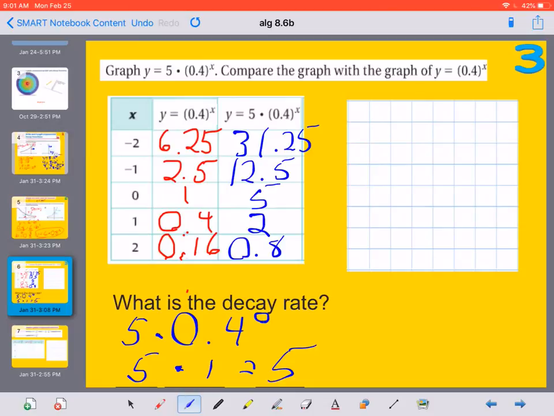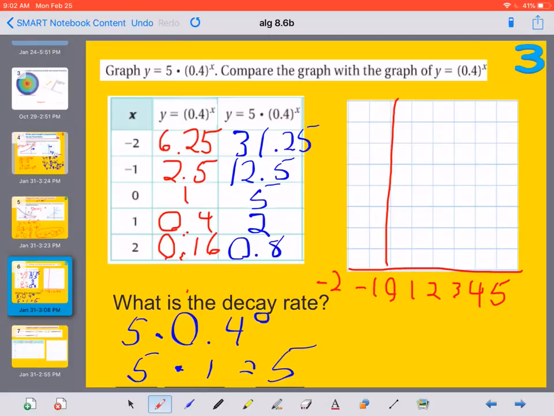So, if we graph these then, we're going to have a negative 1 and a negative 2 for sure. So I'm going to make my y-axis right here. So we can have a negative 1 and a negative 2. Then this would be 0, 1, 2, 3, 4, and 5.